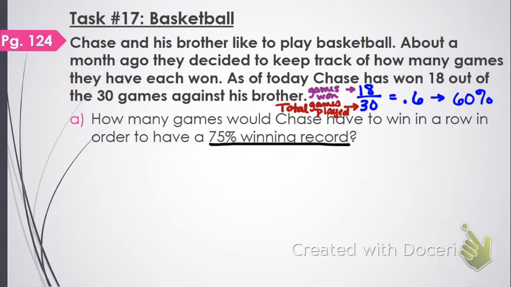What's the percent? Like where? Right there. Right here. So if he wants his winning record to go up to 75%, what would I put right here then? 75. Yes. Just 75? 0.75? Yep. 0.75. He wants it to go up to 0.75. We're taking 75%, dividing it by 100 to get 0.75, right?